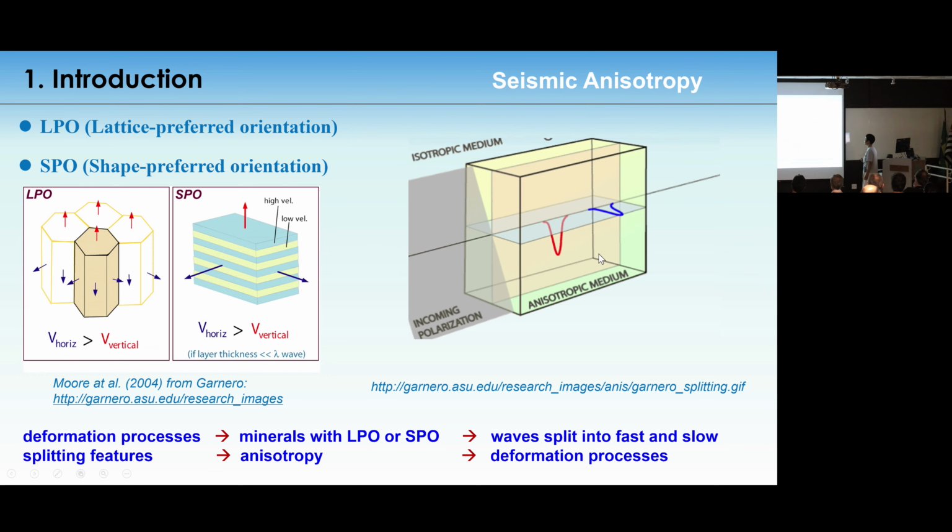By analyzing this splitting feature, we can extract anisotropy of the interior of the Earth. The different origins of this anisotropy may imply different kinds of deformation processes. So this is the motive of why we need to detect seismic anisotropy.